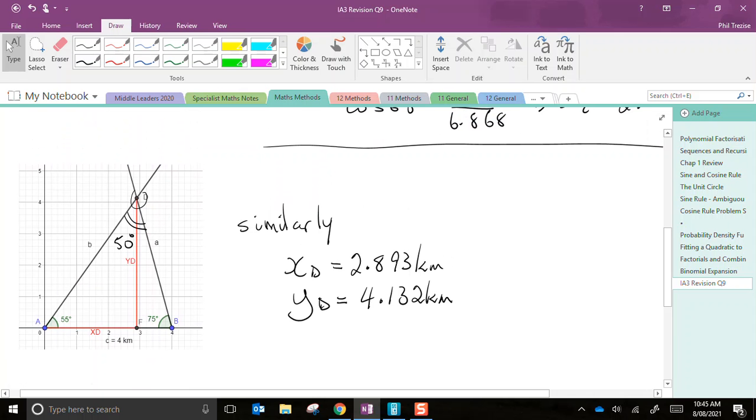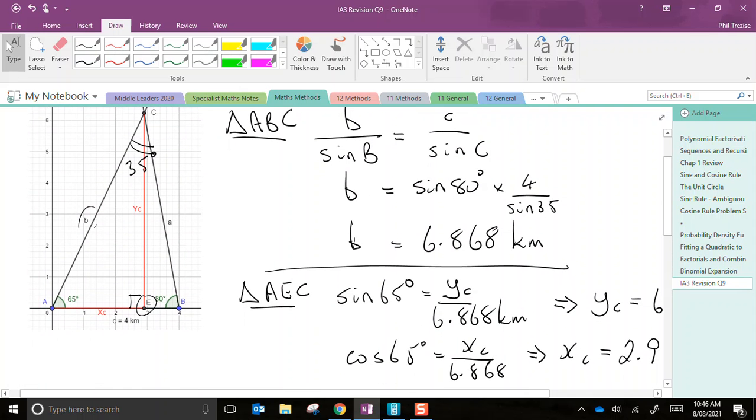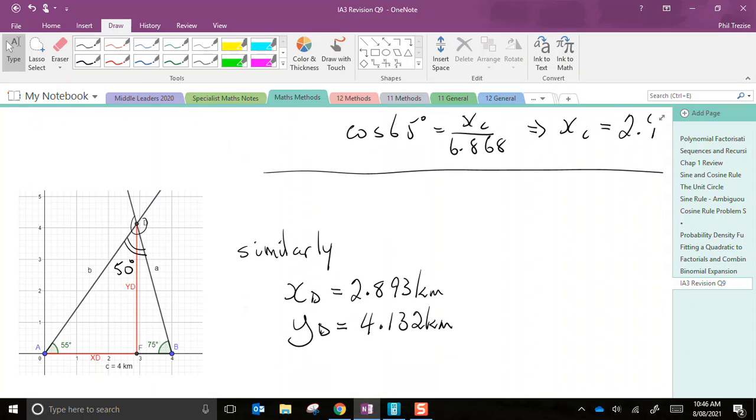Again, to save time, I'm not showing all the working, but the working for that one is identical to the working for this one. You would need the sine rule first to find the length of edge B. Now, even though I've called them A and B, it's a different triangle, they'll be different lengths, so don't just reuse the same length B from earlier. And then XD and YD would come from SOHCAHTOA of this right angle triangle.